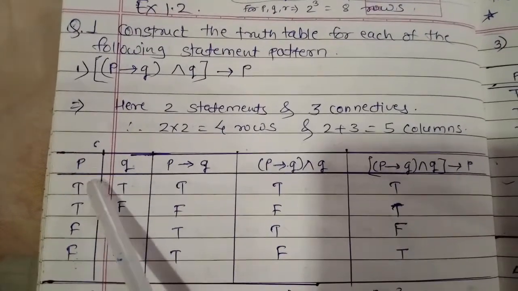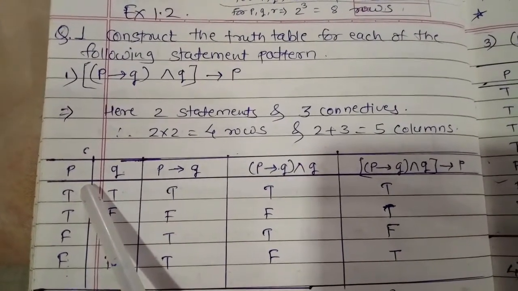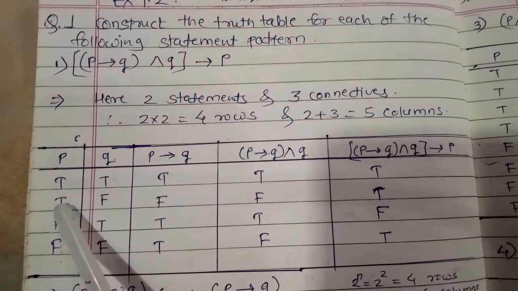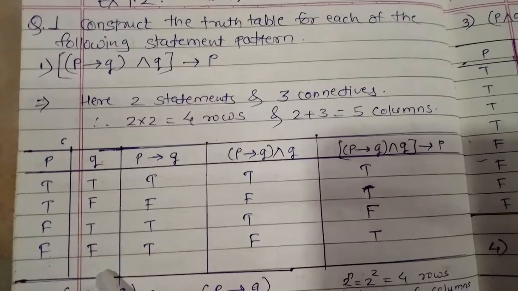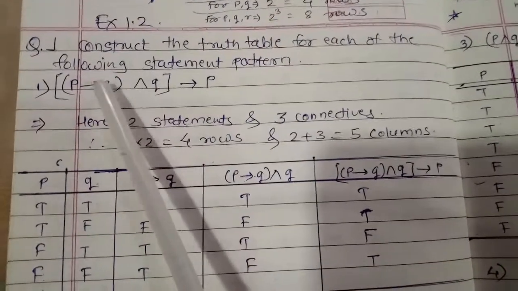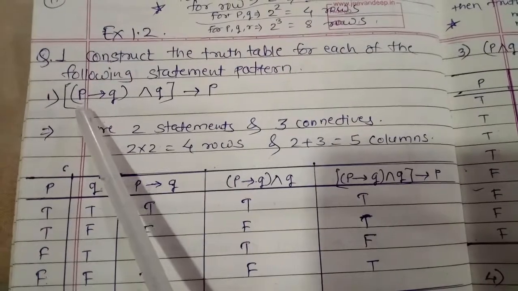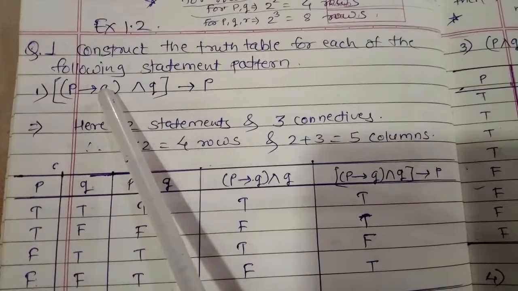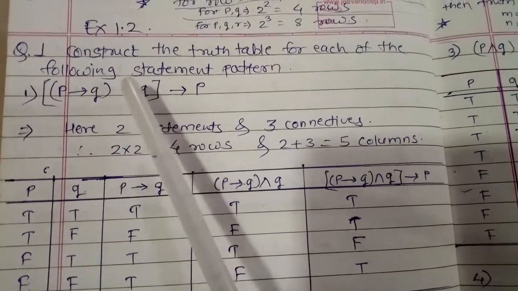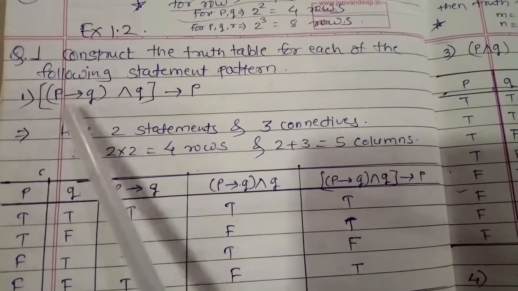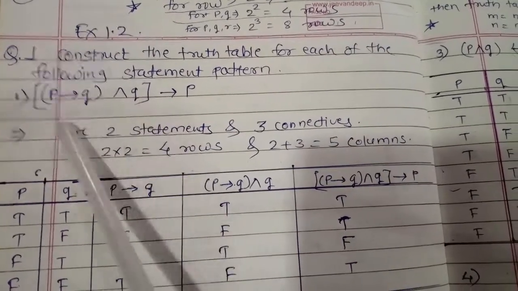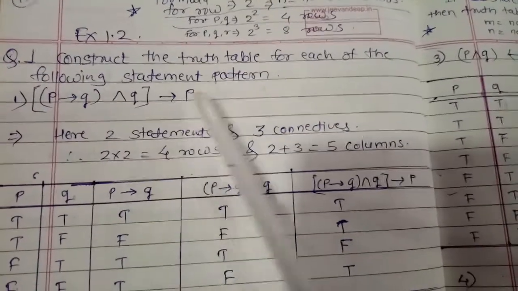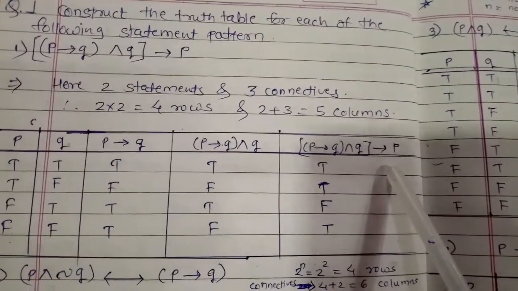As in previous truth tables like conjunction and disjunction, for P we write T, T, F, F and for Q, T, F, T, F. So see, first I write here P, then Q, then the first bracket, that is P conditional Q. After that, this total bracket has conjunction with Q. So we have to write it here. And the last one, this total square bracket has conditional with P. So we have to write it last.